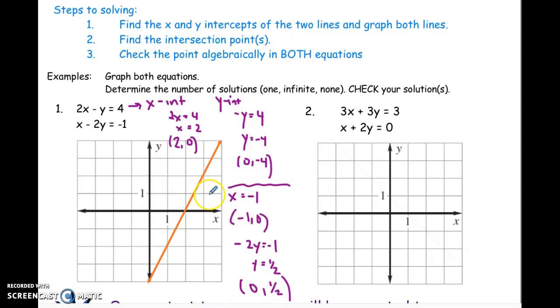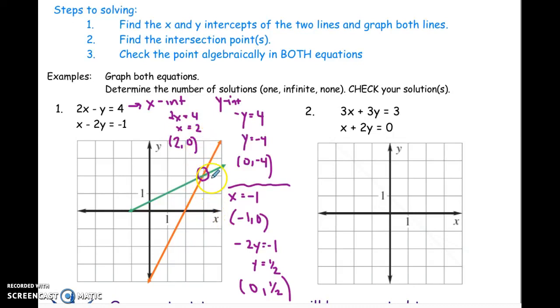So on my graph I have one intercept at (-1, 0) and my other intercept at (0, 1/2).